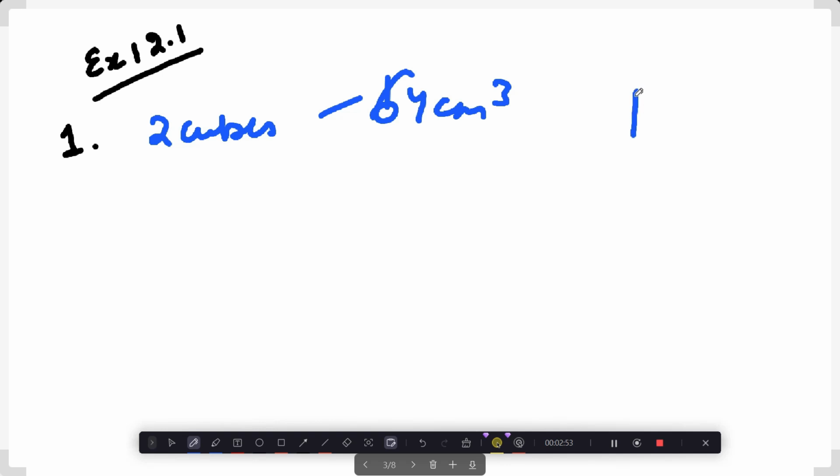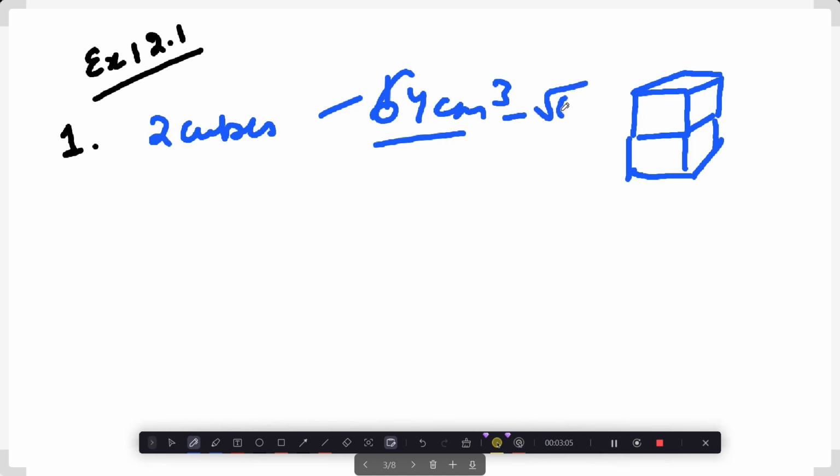Find the surface area of the resulting cuboid. Now the side of each cube is the cube root of 64, which is 4. They are joined end to end, and we have to find the surface area of the resulting cuboid.